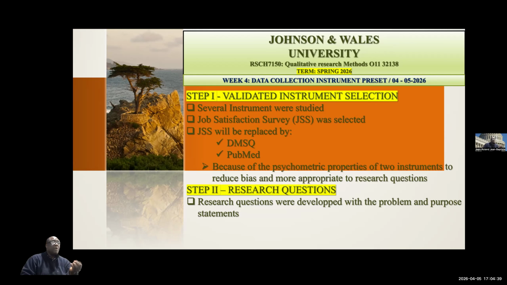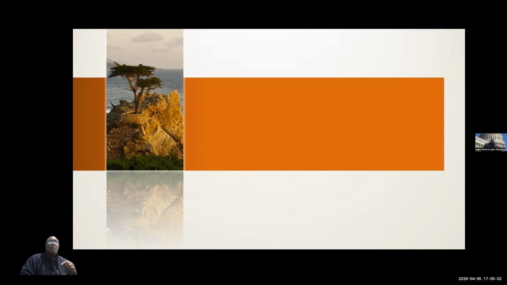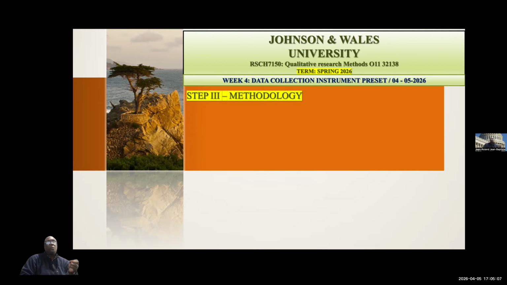The research question has to do with the collection instrument that was designed and refined, and how I chose the instrument. What did I do to select the instrument? That puts me on step number 3, which has to do with methodology.